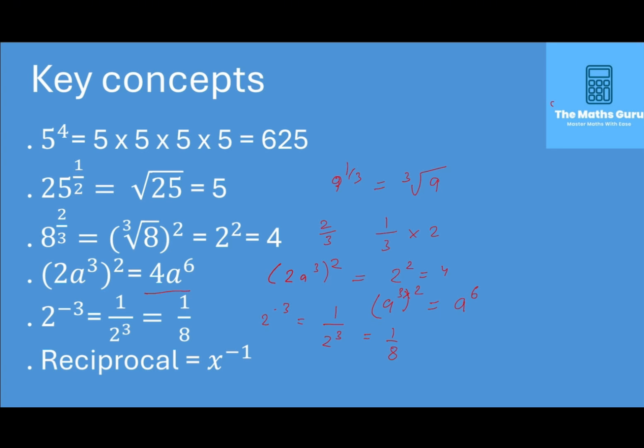Reciprocal is when you raise something to the power of -1, and as you can see from the previous example, anything to the -1 is literally just 1 over it. So this x in this case is just a generic representation of a term. Okay, I think that covers all the basic rules that we need to know.